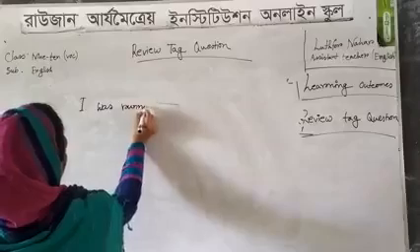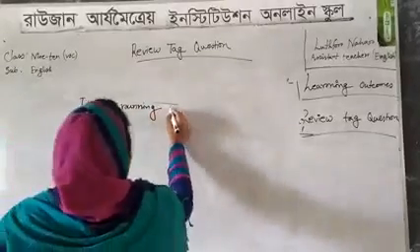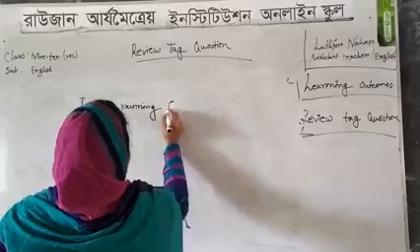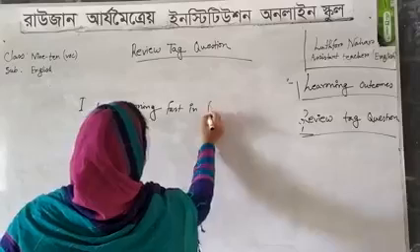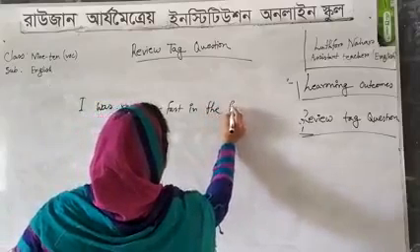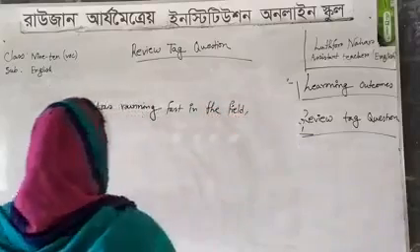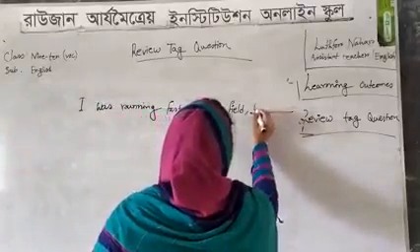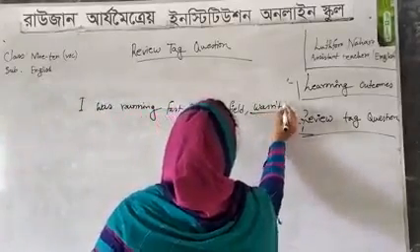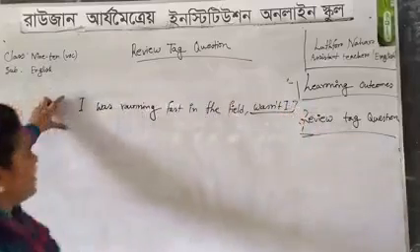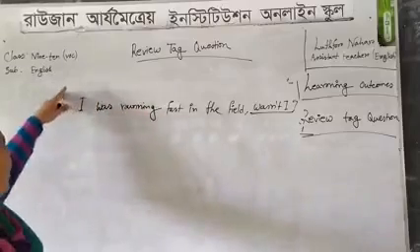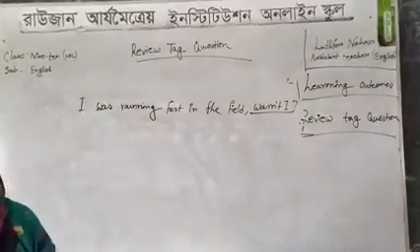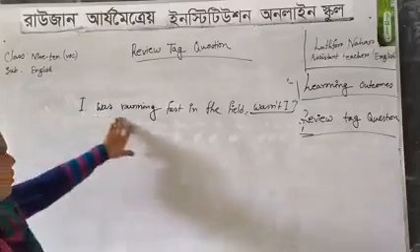I was running fast in the field, wasn't I? What kind of sentence is it? It's a positive statement, and this is an example of past continuous tense.